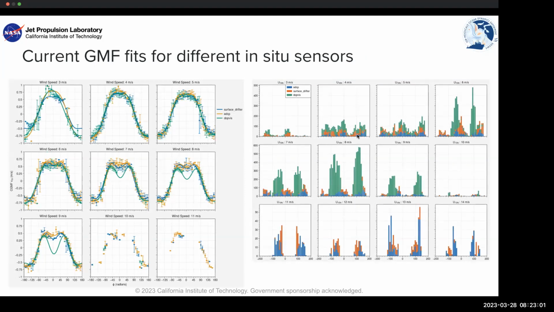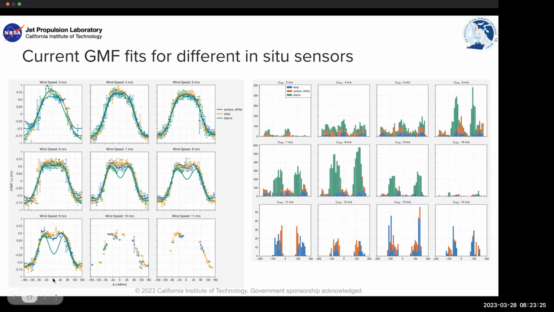So what do these geophysical model functions look like? The way to look at them is to take the radial velocity that's measured, subtract out the coincident radial velocity from the surface instruments, and bin it. Here I show 9-degree bins in azimuth.